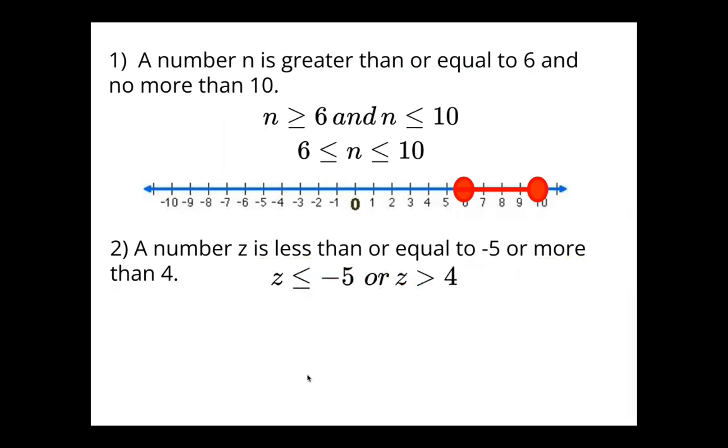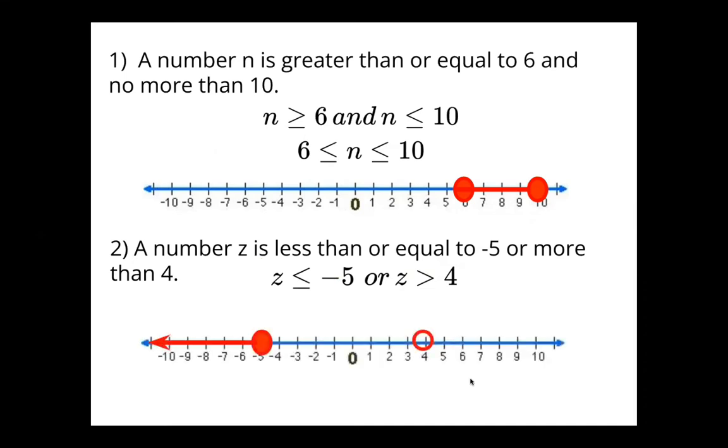We can now go ahead and graph this on a number line. So first, draw a closed point at -5. And then draw an open point at 4. Then since this is a compound inequality adjoined by the word or, you can go ahead and draw your lines in the 2 different directions.